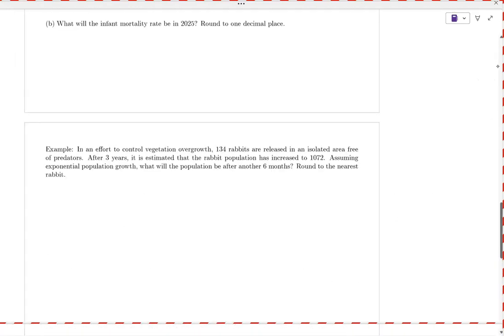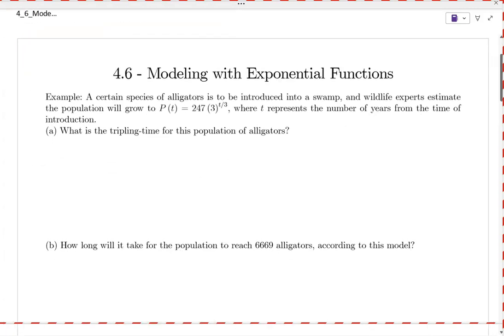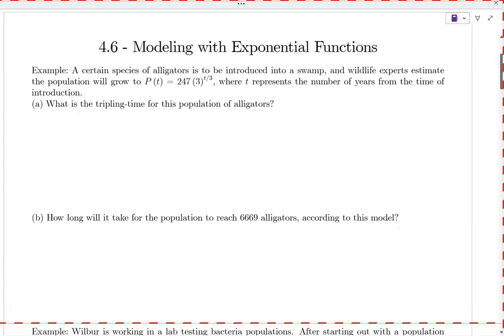All right. Anyway, so in this particular section, we're going to talk about modeling with exponential functions. Exponential functions pop up all over the place when you're trying to model different scenarios that involve things getting bigger, growing, or getting smaller, decaying, call that exponential decay, if it's dependent on how many things are present at a given time.